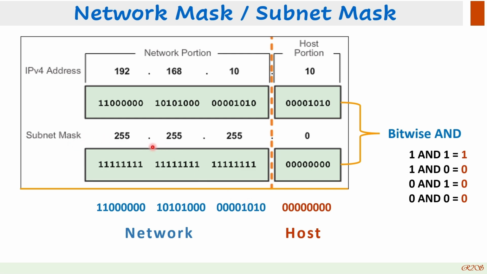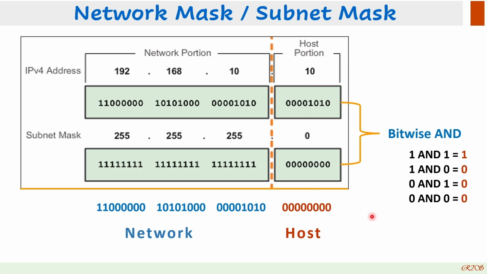So the subnet mask defines which part is the network part and which part is the host part. All the ones are saying to the computer that the corresponding part of the IP address is the network address, and all of this 0 is saying that the corresponding part of the IP address is the host part.